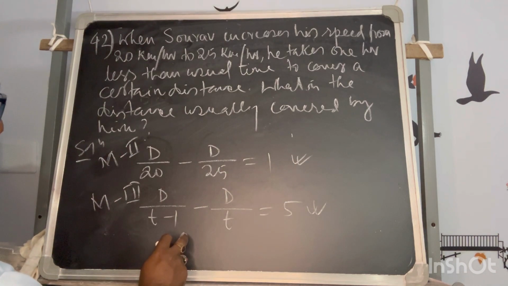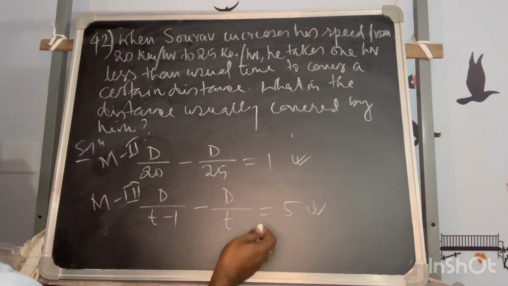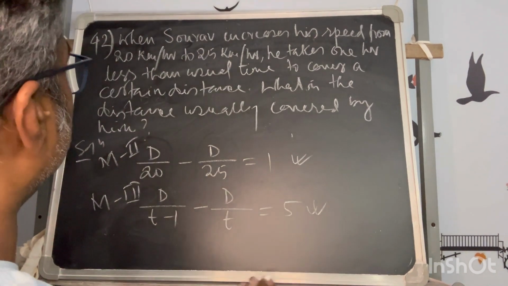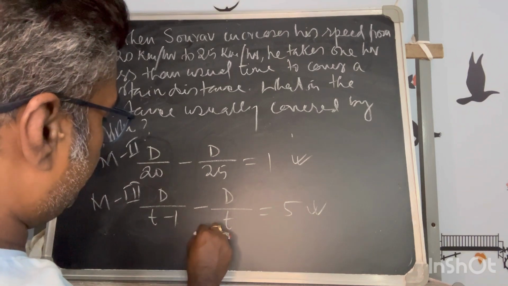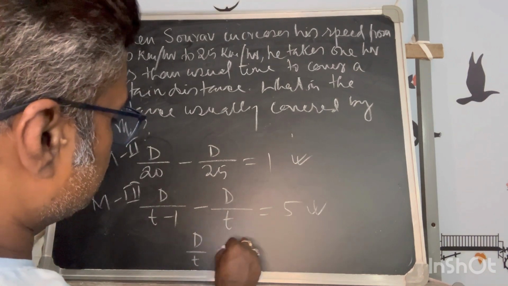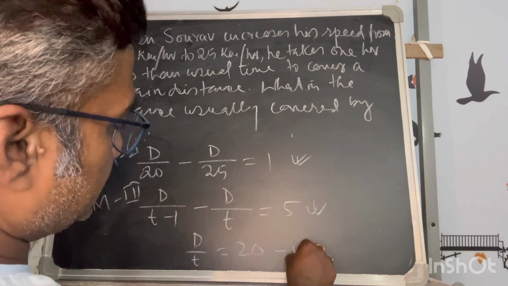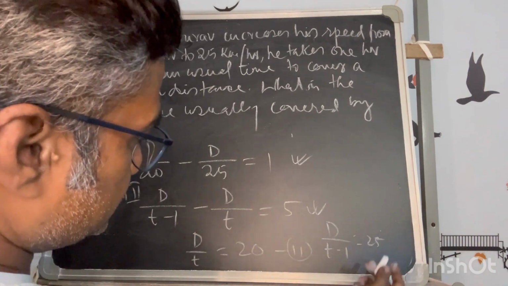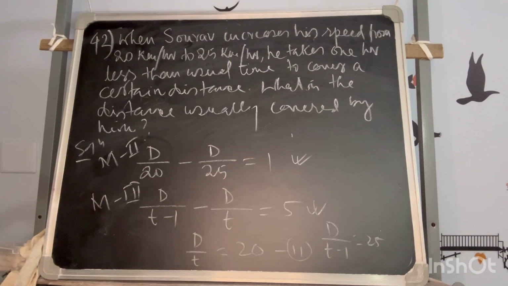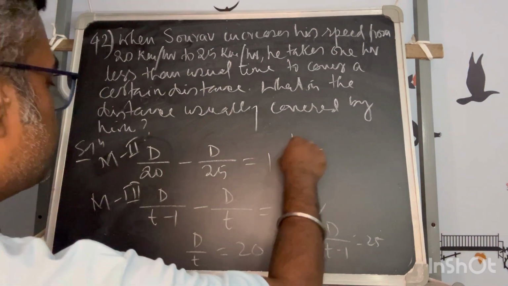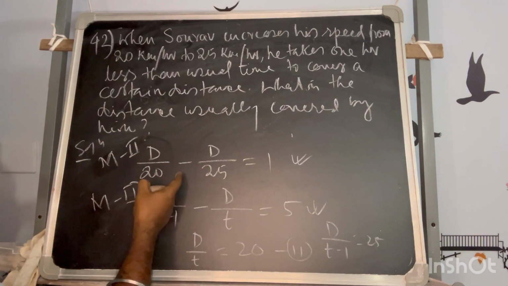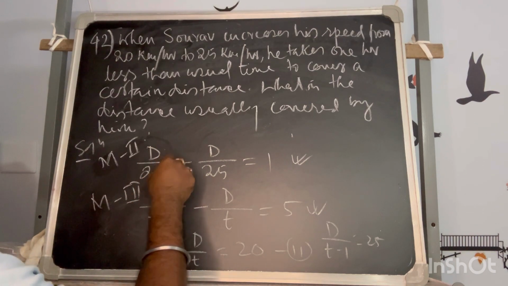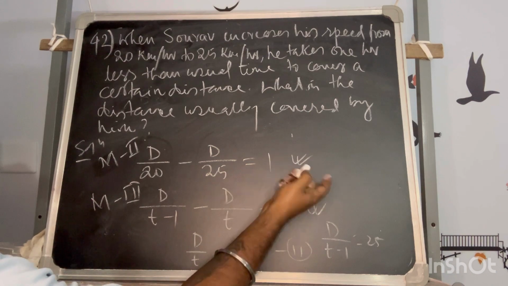This one needs another equation, since there are 2 variables, and you can correlate another equation anyhow. So D upon T for the second case is 20, which could be one equation, or else D upon T minus 1 is 25, which is another equation. With the help of this, the easiest of these 3 methods is where you get D directly, D upon speed, and that is divisible by 1.